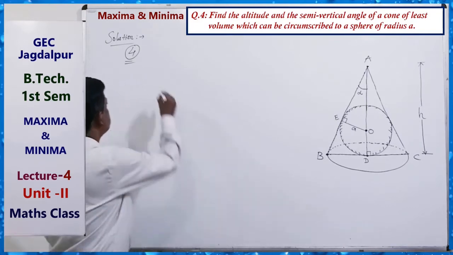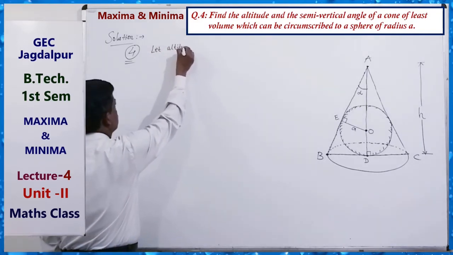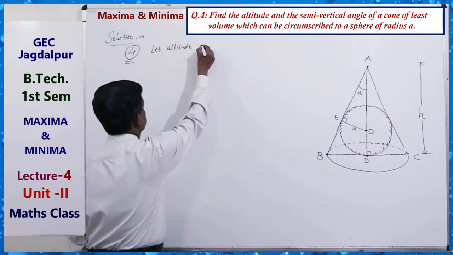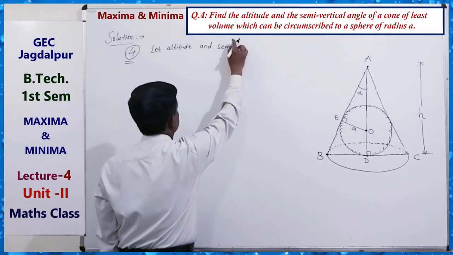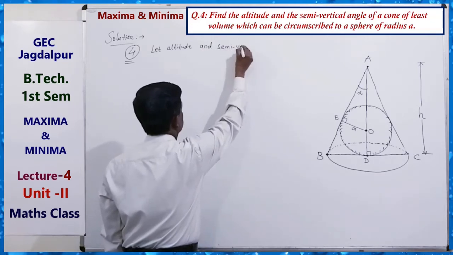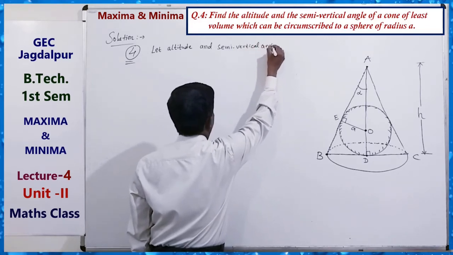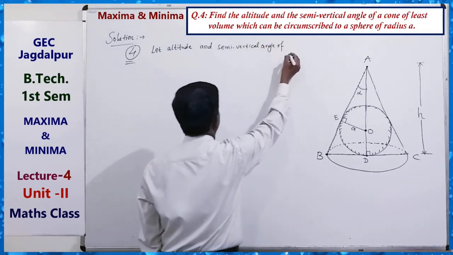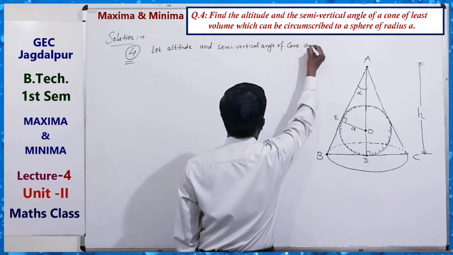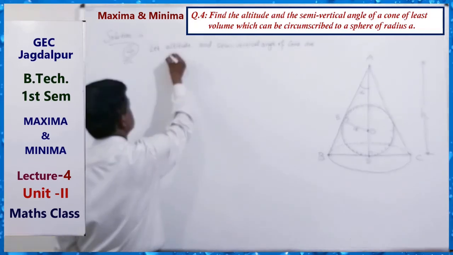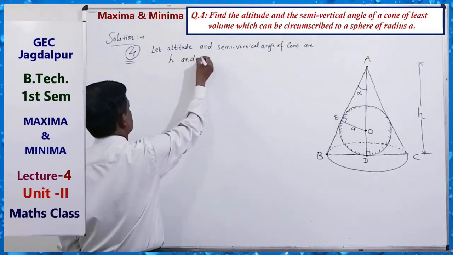Okay, so let the altitude and semi-vertical angle of the cone be h and alpha.